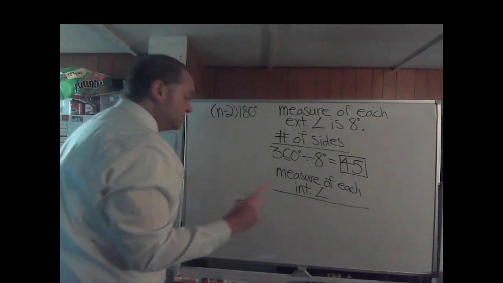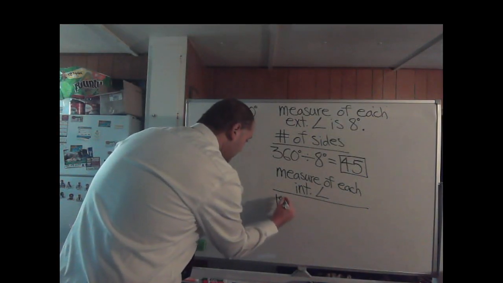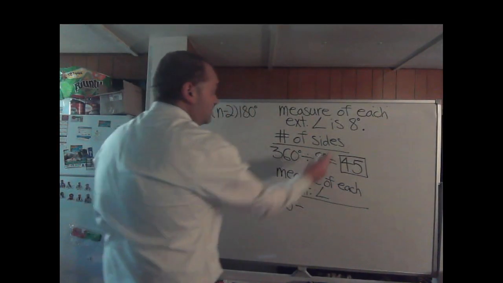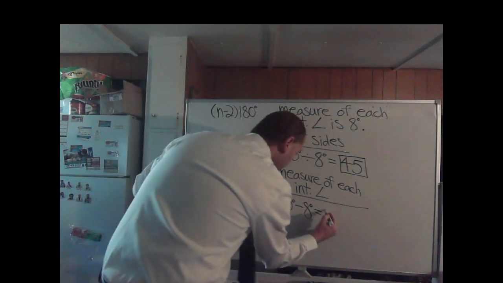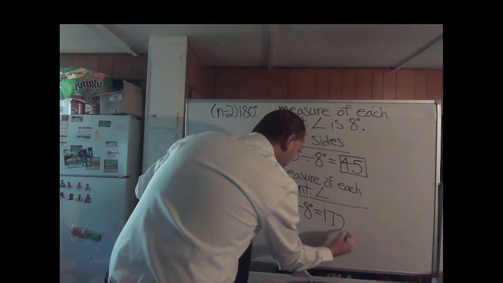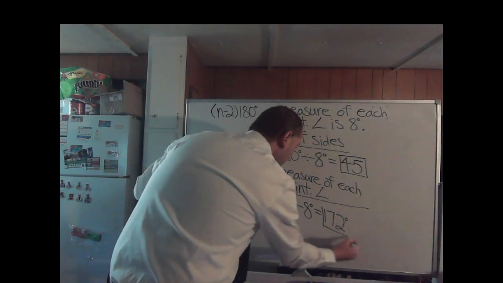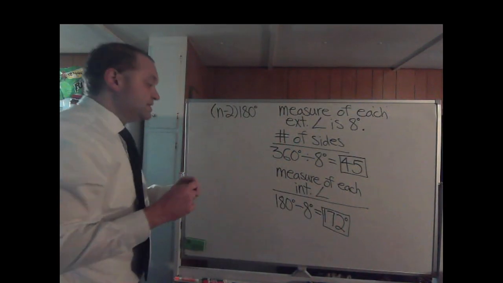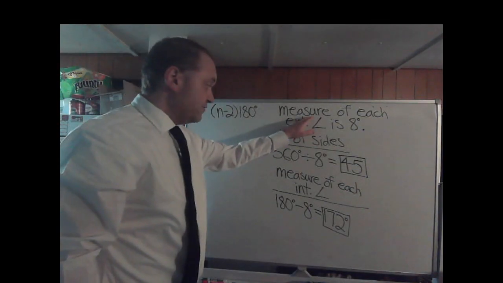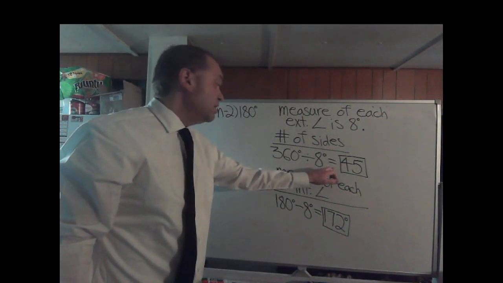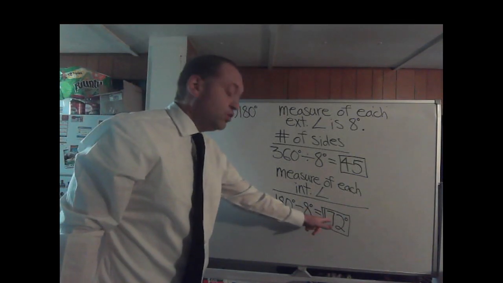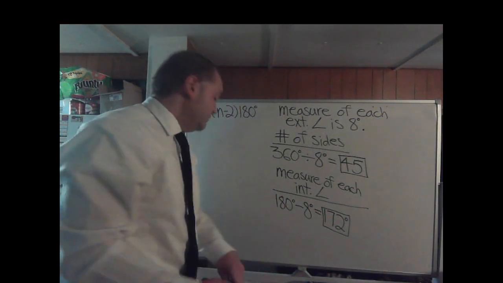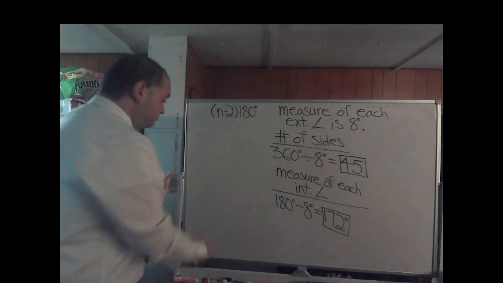All you need to do is take 180 degrees minus the measure of one exterior angle, which would be 8 degrees, and you get the measure of a single interior angle of a regular 45-gon would be 172 degrees. So now, given this information, we've answered how many sides the polygon has. We've even answered how many degrees a single interior angle of this polygon has. So that's not so bad.